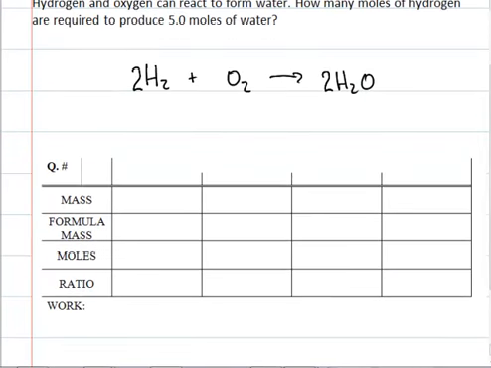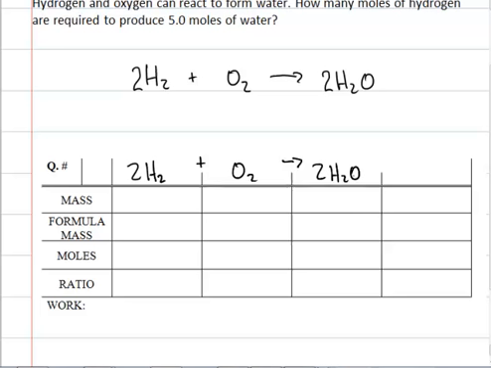This is the chart I was telling you that I was going to give you, and you've actually seen this before. We have mass, formula mass, and moles, and we've just added one line here. That line is this ratio line, and then I've added columns here too, because each component of your equation is going to take up one column. And so I'm going to rewrite my equation right here: 2H2 plus O2 yields 2H2O.